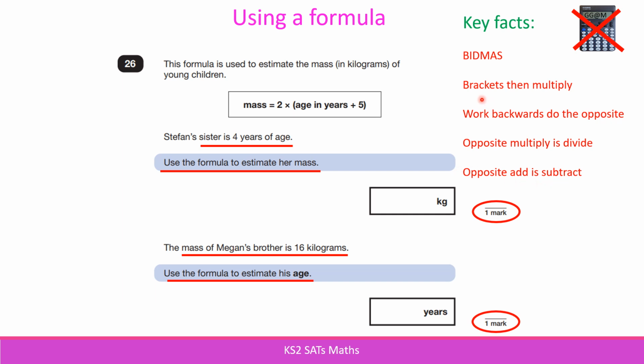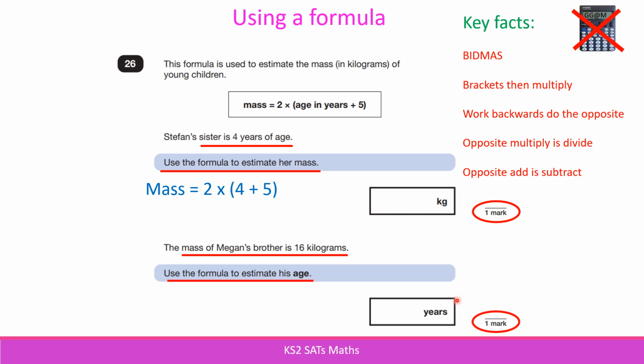So when we worked forward, we did the brackets and then we multiplied. Going backwards, we do the opposite of multiply, which was divide, then we do the subtract. Okay, because in the brackets was add, so we're going to do the opposite, which was subtract. Press pause, have a go at working out the 2 answers, and then press play when you're ready to hear the answer.